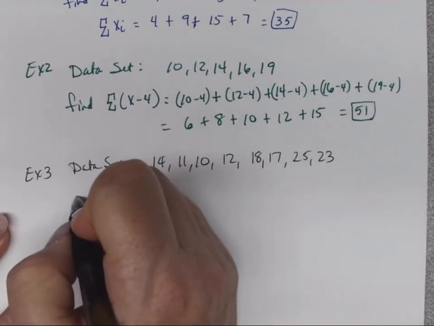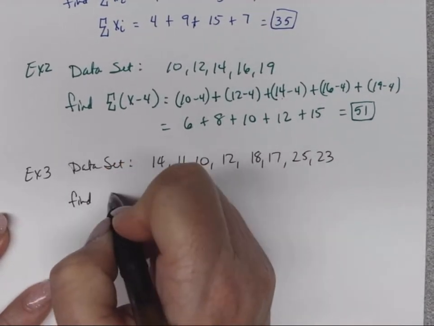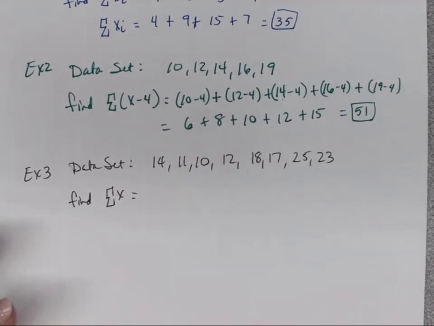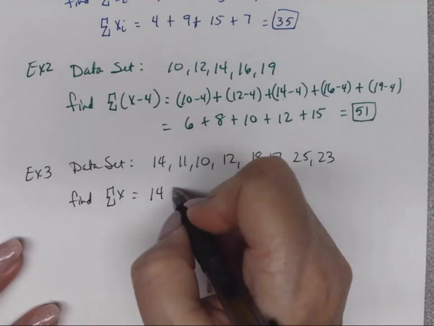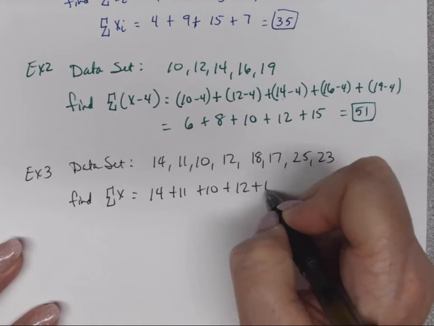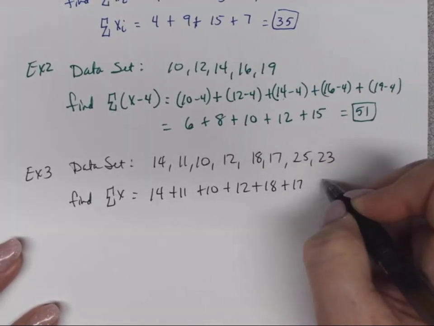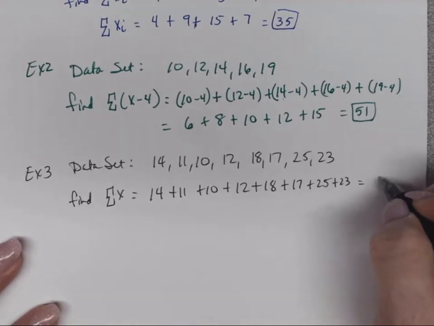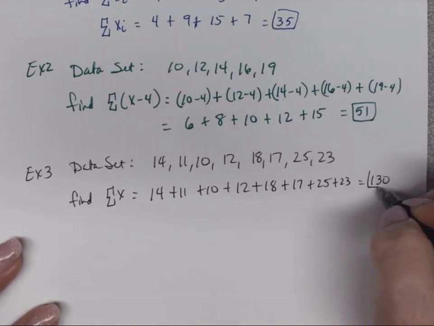So here we're just going to find the summation of x. So that means those are all of our x values. We're going to just add them together. So 14 plus 11 plus 10 plus 12 plus 18 plus 17 plus 25 plus 23, and that will give us a total of 130.